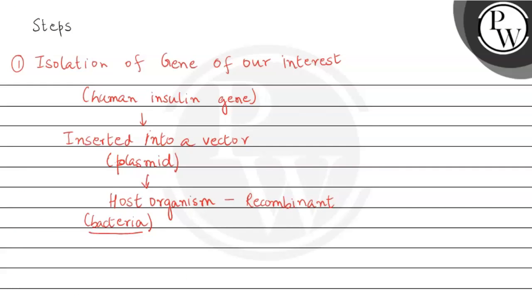Therefore, our final answer for this question is option 2, that is manipulation of genes by artificial methods.